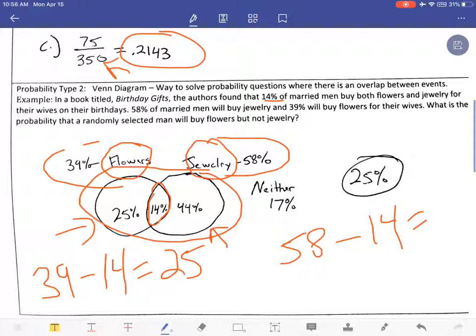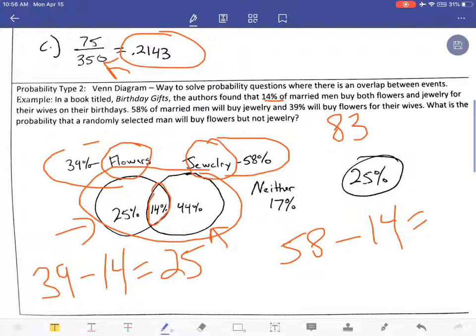Now, the last part of that is dealing with neither. Okay? So once we get all these numbers, we add them all up, and that gives us the total percentage of people that fell in one of those three categories. So percent of men that bought flowers, percent that bought jewelry, and percent that bought both. When we add up all of those together, 25 plus 14 plus 44, that gives us 83.